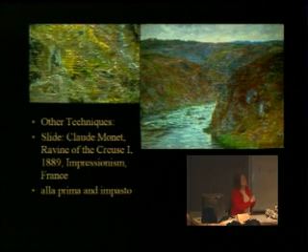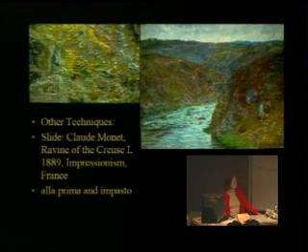What the Impressionists were trying to do was record nature at a certain period of time under a certain light condition. And for Monet, for example, when he went out to paint, he would usually take maybe 10 canvases with him.